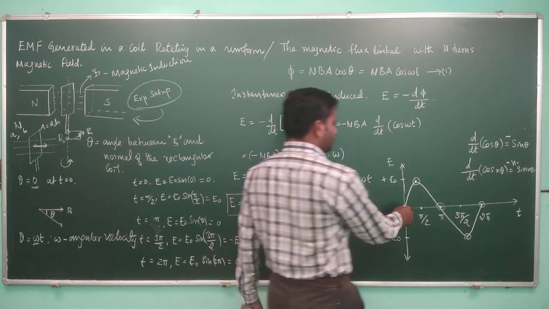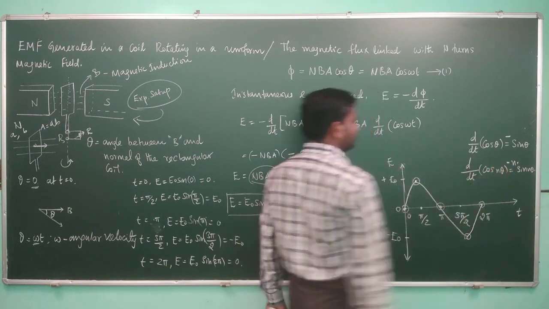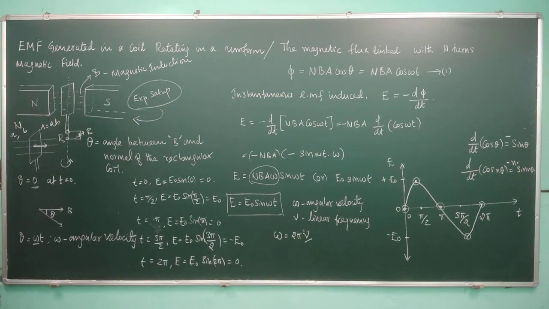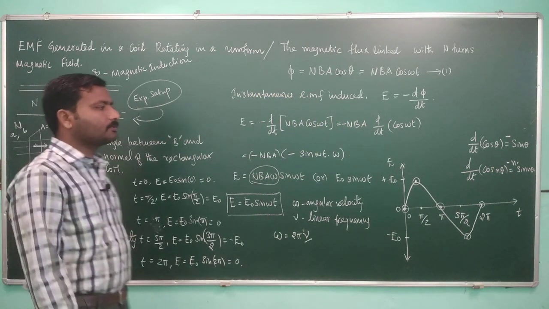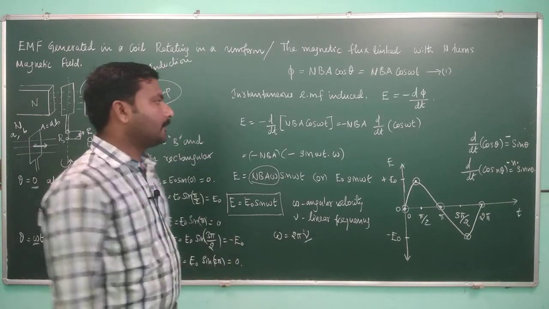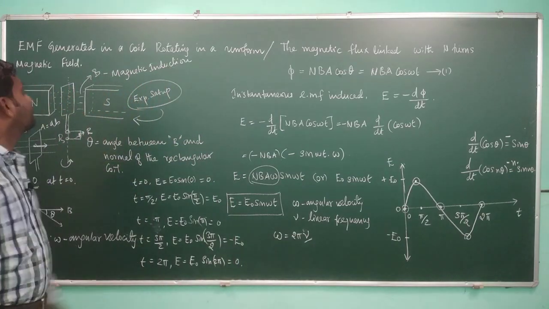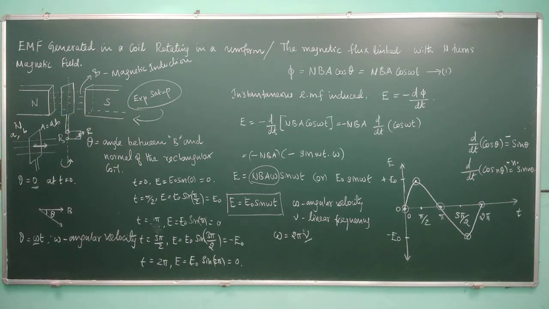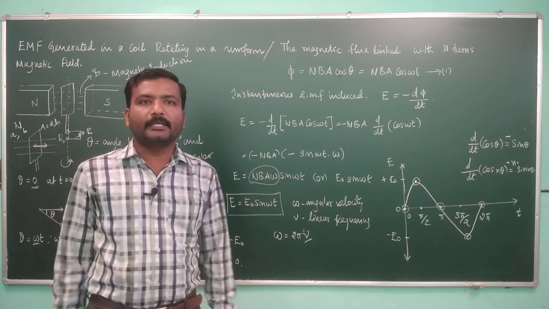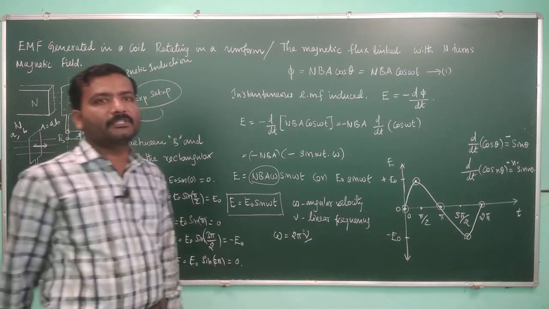The value is ever changing over time. If the induced EMF or induced current looks like this, it is called alternating voltage or alternating current. So the EMF generated in a coil rotating in a uniform magnetic field is an alternating EMF; that is, it varies with respect to time.